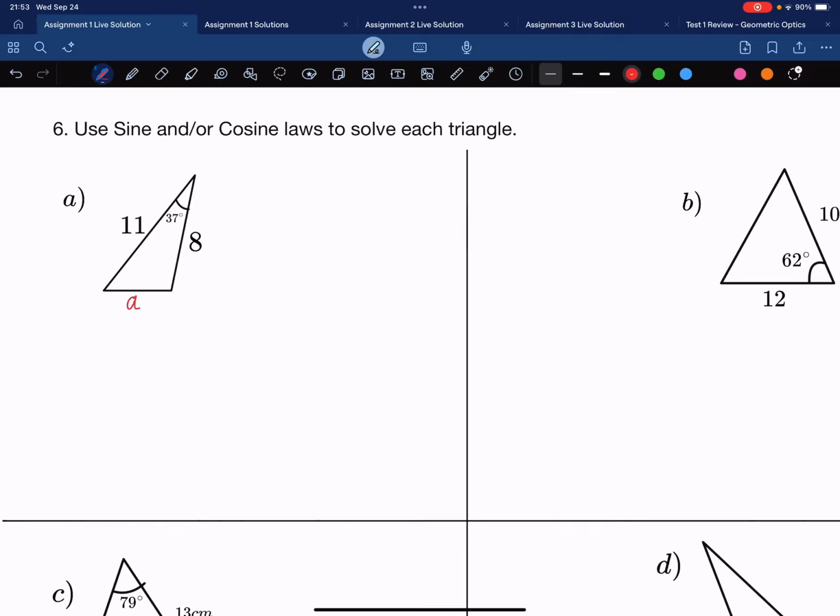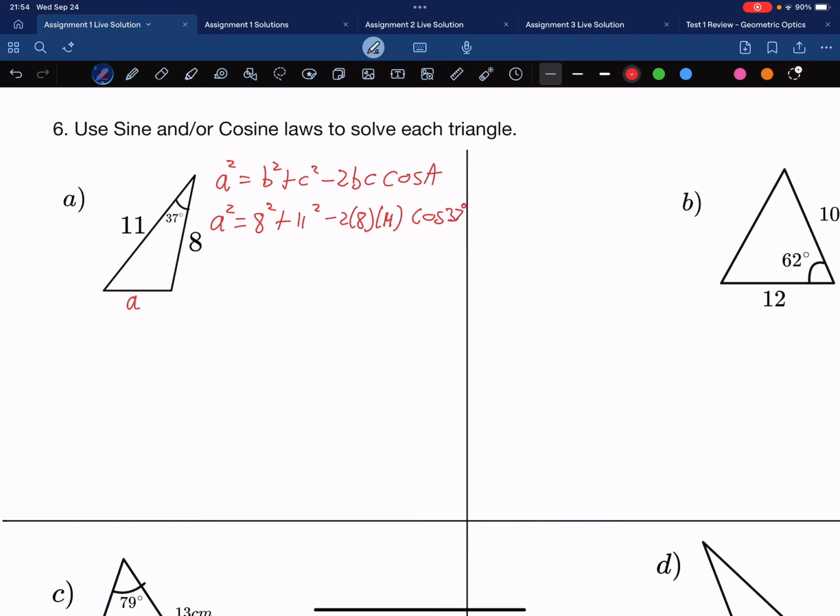I'm going to call this side A, it's part A. Our cosine law is A squared equals b squared plus c squared minus 2bc cosine the angle of A. So we're going to have A squared, the side we are looking for, equals, I'll call B side 8, 8 squared plus 11 squared minus 2 times 8 times 11, times the cosine of 37 degrees.